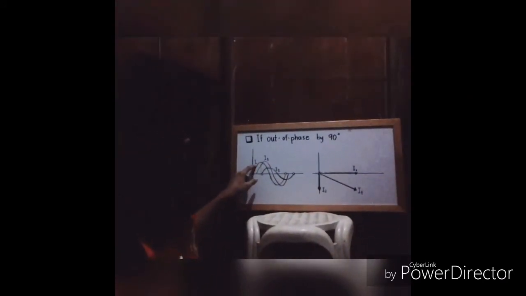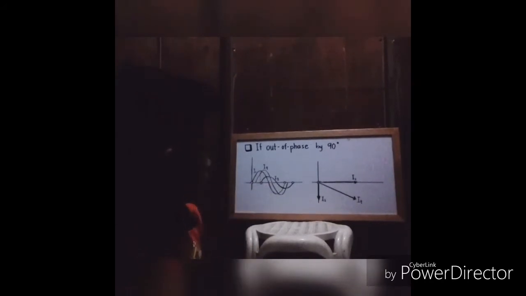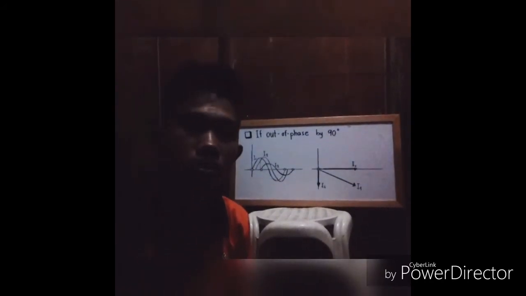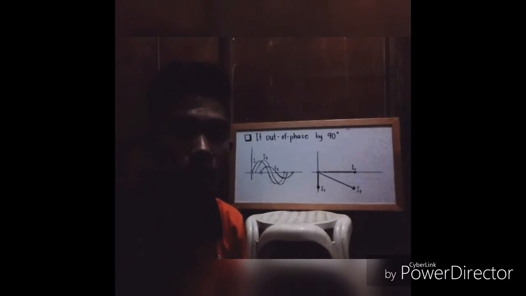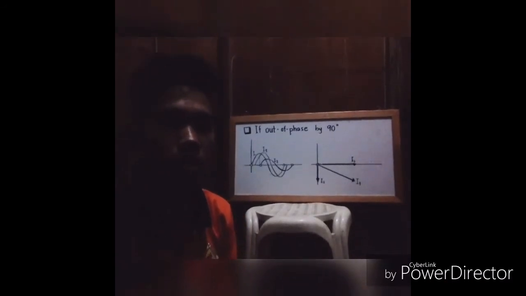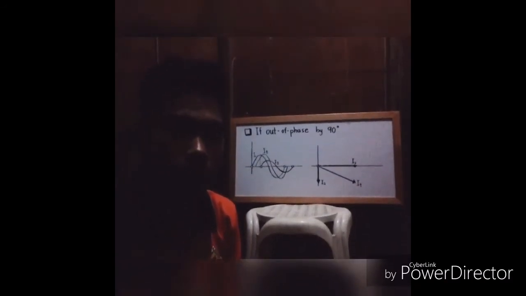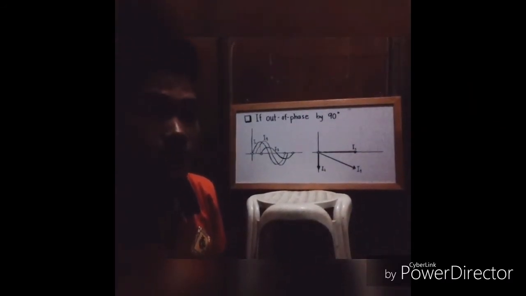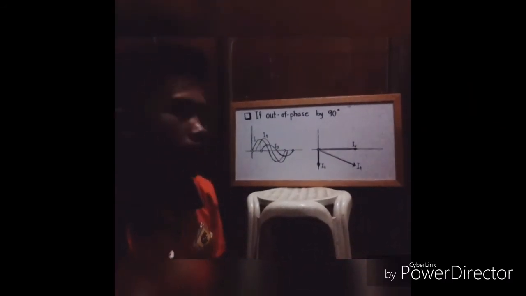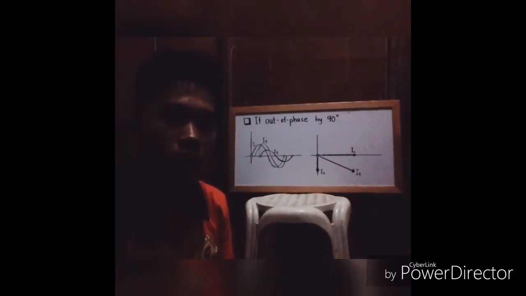Right here, we have I1 and I2, where I2 lags I1 by 90 degrees. When we combine them together, they will yield another sine wave, the resultant wave, IT. The magnitude of IT will always be greater than the magnitude of either I1 or I2.